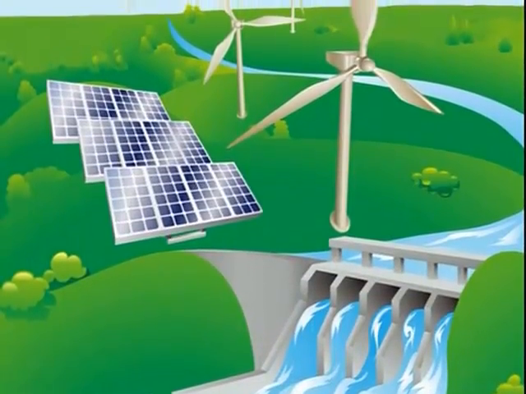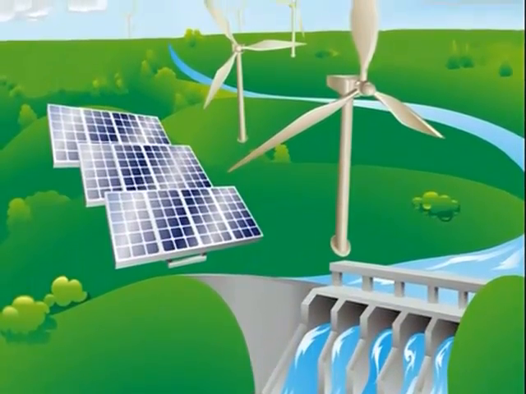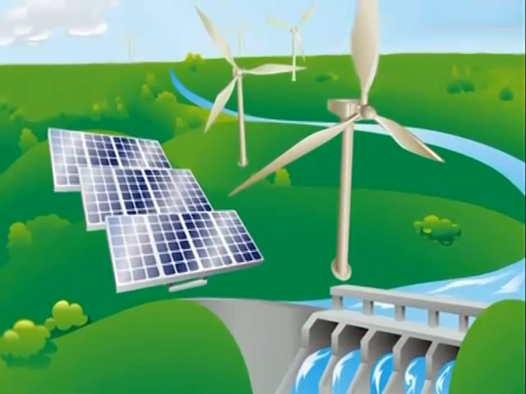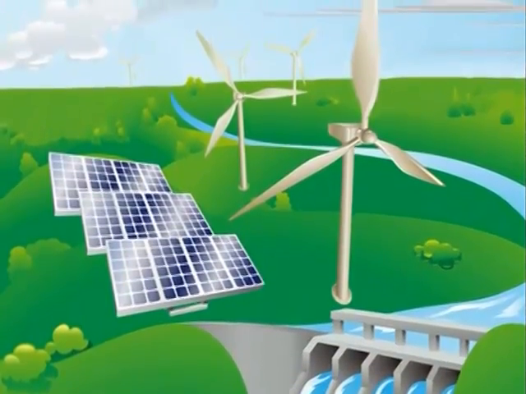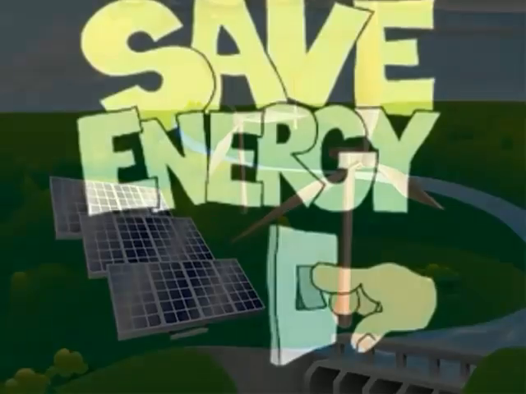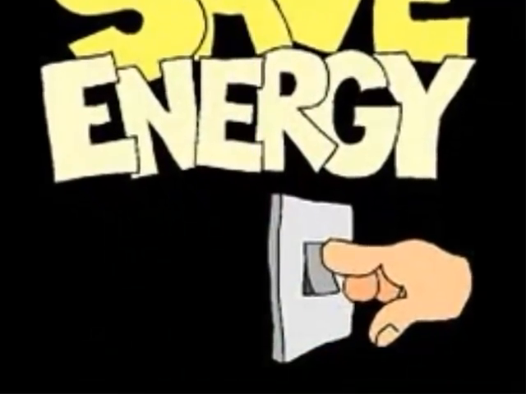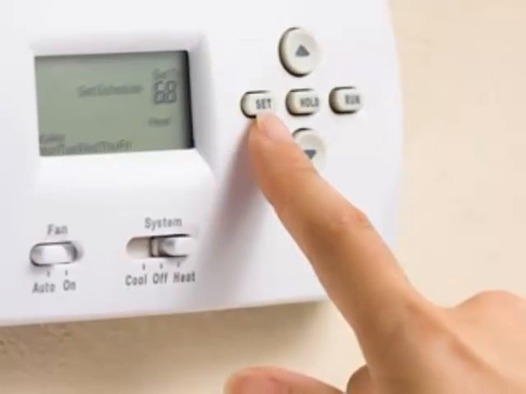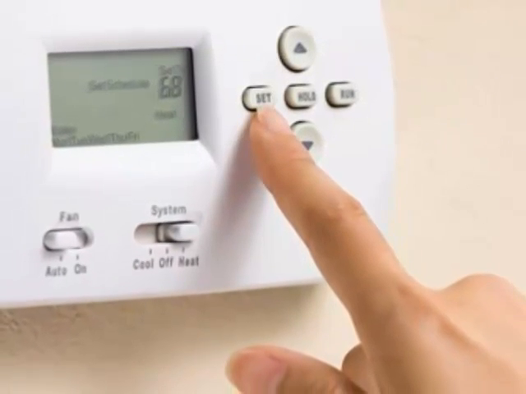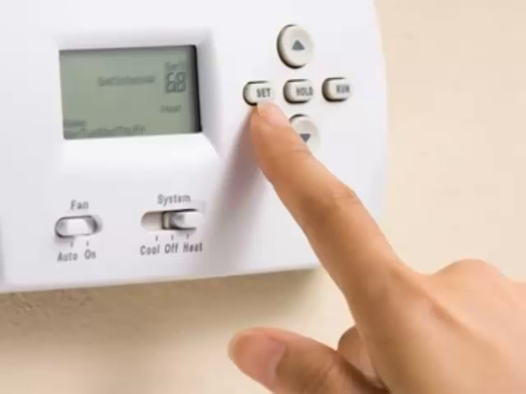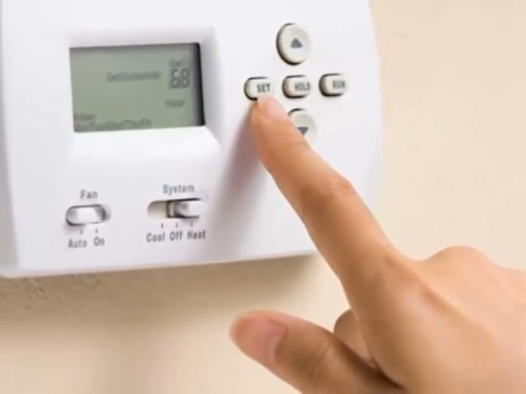Until we use more of these clean resources, it is up to you to save energy the best way you can. Turn things off when you're not using them. Turn down heat when it is not being used. Turn off the air conditioner and open a window instead.